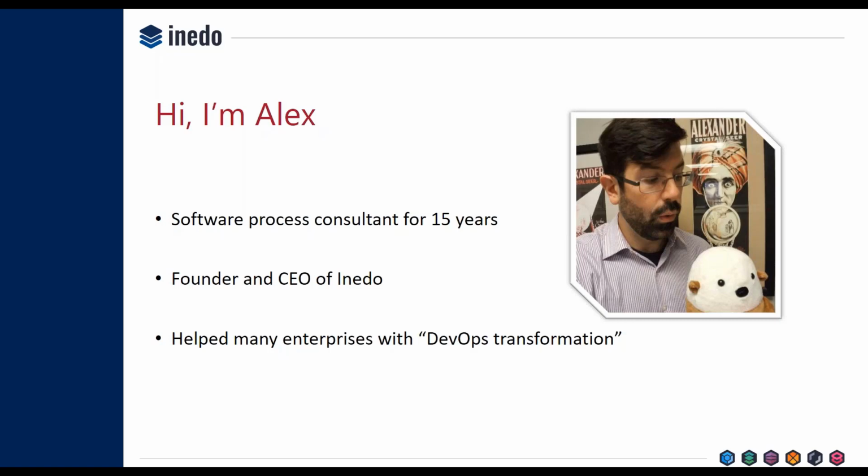And somewhere in the past 15 years, I started the company Inedo, originally as a software consultancy. We would do custom applications and then moved more and more into software process consulting, and eventually launched a software product called Buildmaster.